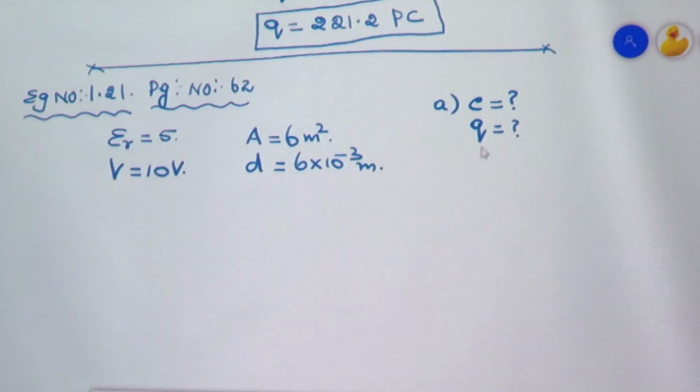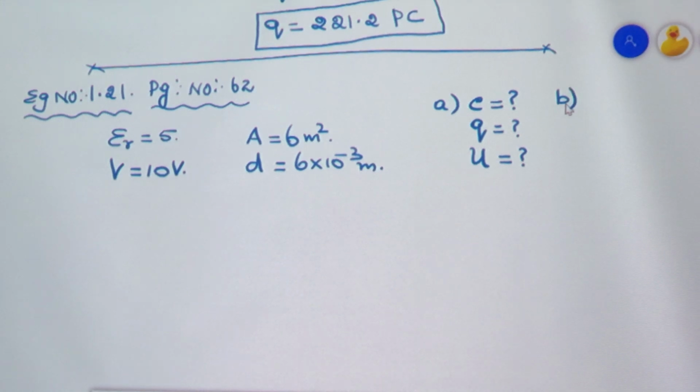But in your book they have also calculated the energy, so let us calculate all the three. In the first case, in between the two plates you are having the dielectric. At that time, what is the capacitance? That is C. What is the charge stored in the plates? Q. What is the energy stored in the capacitor? E.